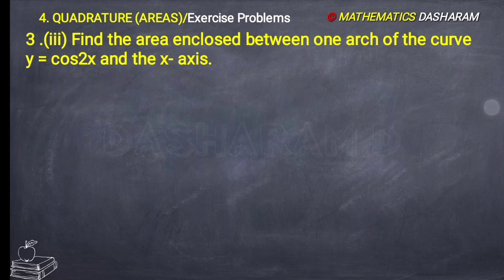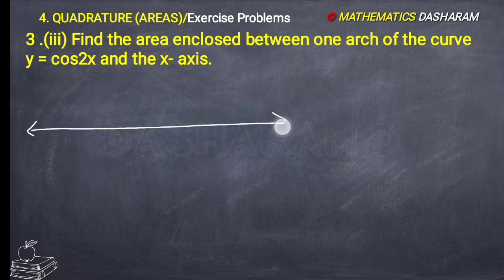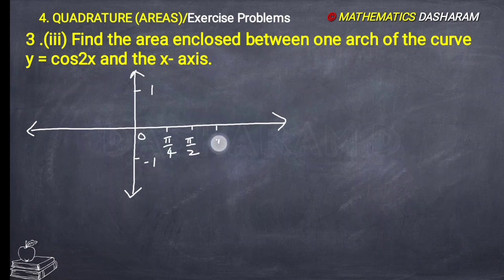So the graph for y equals cos 2x is, so here 1, 0, here minus 1, next here pi by 4, next pi by 2, next pi, next 3 pi by 2, next 2 pi, here on the left side minus pi by 4, minus pi by 2.